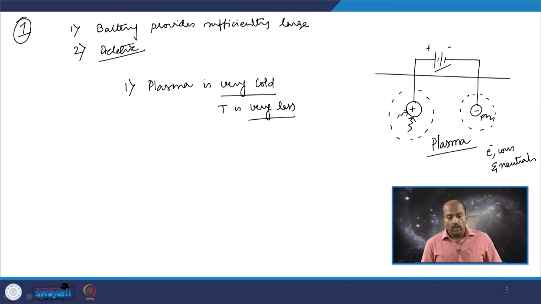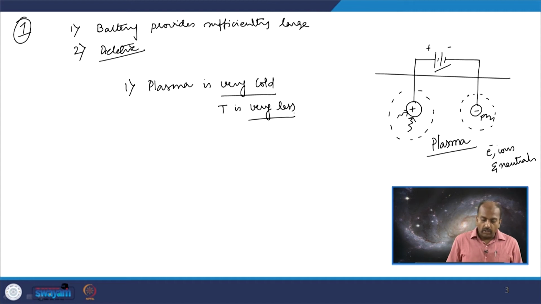What does it mean? If the temperature is very low, the mean molecular energy, or the amount of energy that a particle, for example the electron or the ion, will have, will also be less. That means the speed at which these particles travel will also be less. So if the temperature is very low, the random thermal motions will cease to exist, so there may not be any recombination as such.